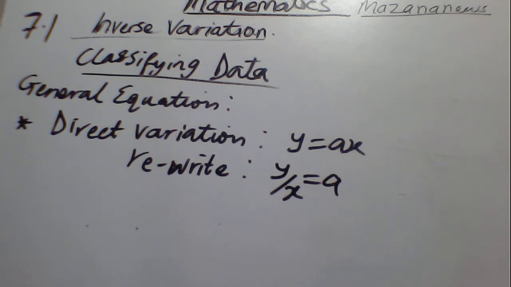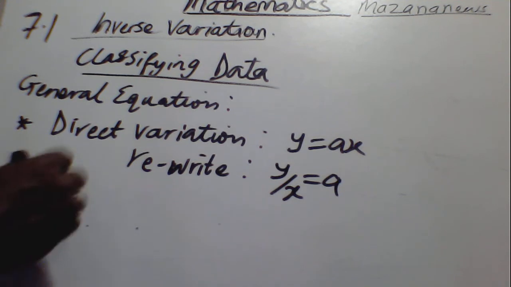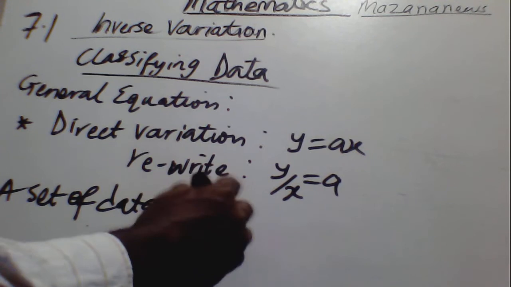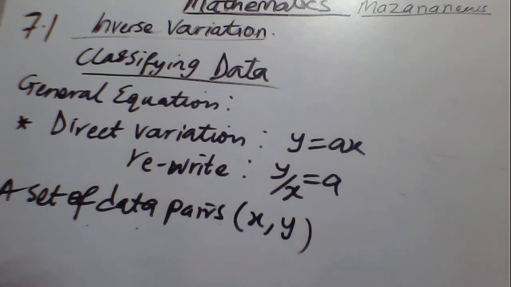So having done this, a set of data pairs, you know what is a set of data pairs, x and y, show direct variation.